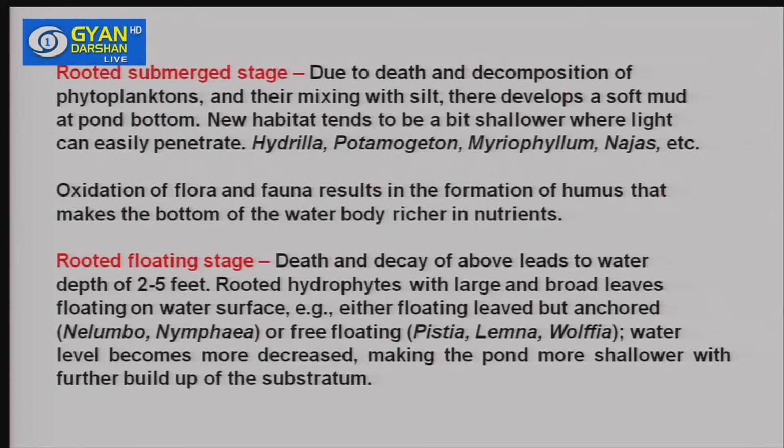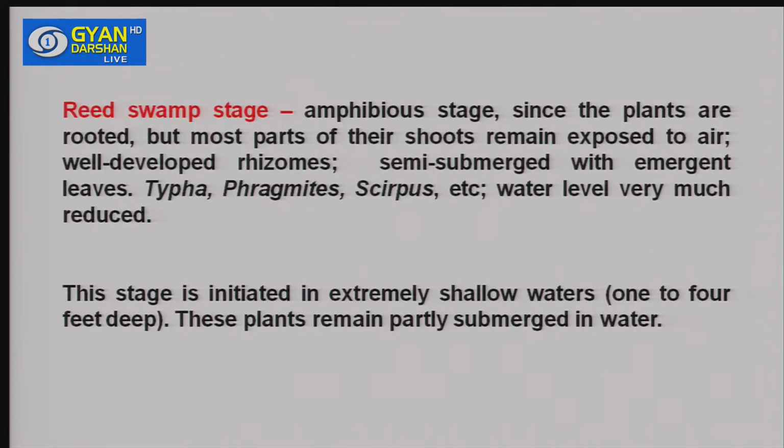Next you have the reed swamp stage. Ultimately the species of the previous stage, the rooted floating stage, will again die and there will be death and decomposition. Therefore the next species that come are amphibious, since the plants are rooted but most of their shoots are emergent, that is, exposed to air.